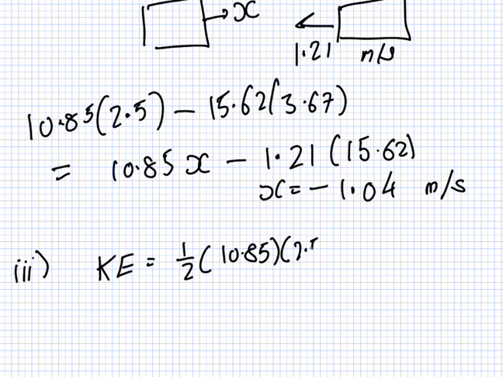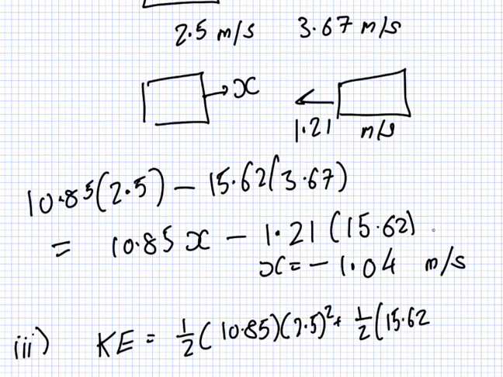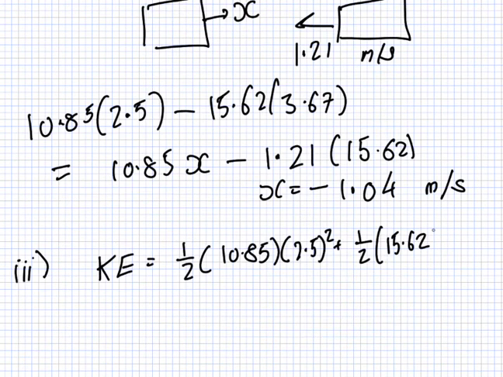And then plus a half m, which is 15.62 times 3.67 squared. Now, just to save time, can someone type that in on their calculator?